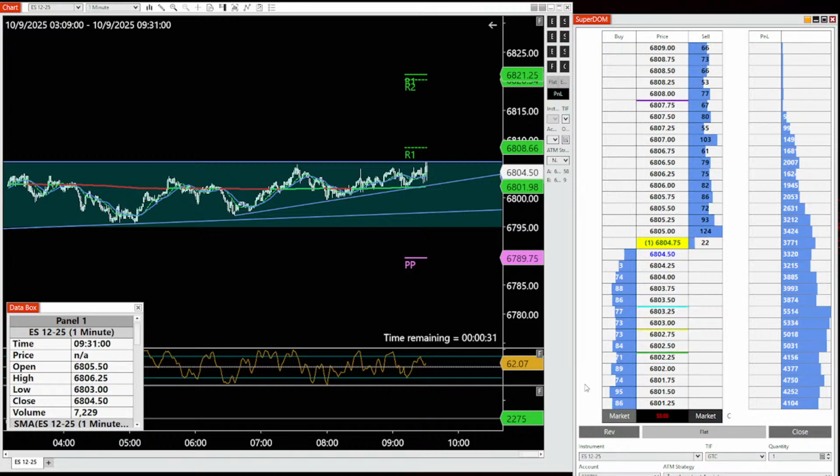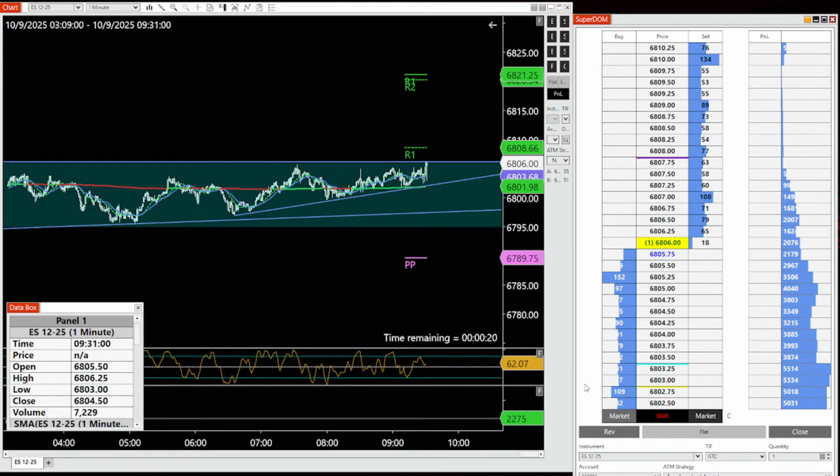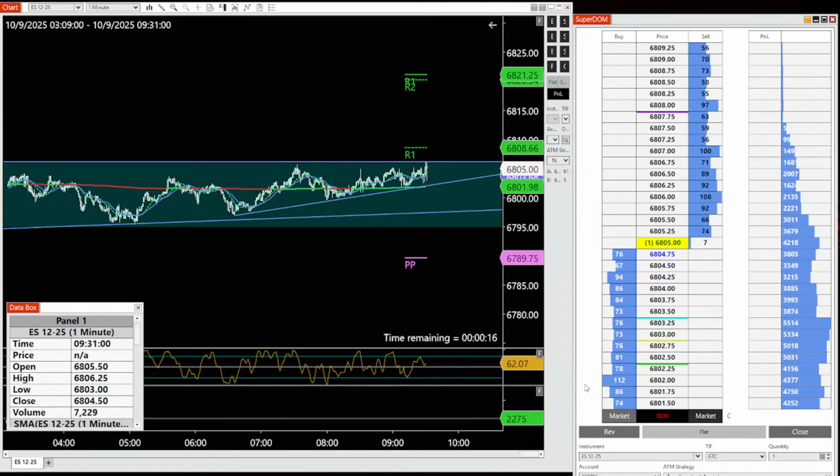They keep trying to stack that 5. You gotta absorb. They keep around that 5. 5 and 550. 5 to 550.